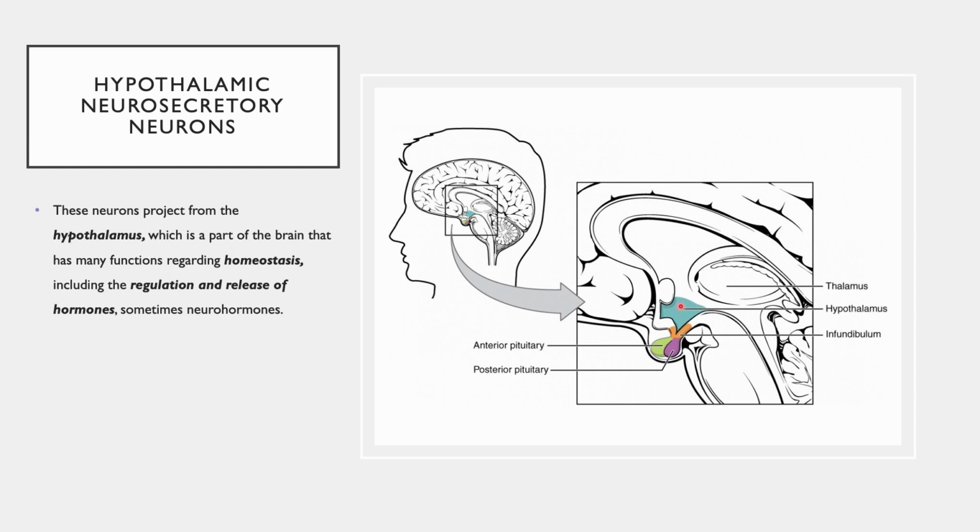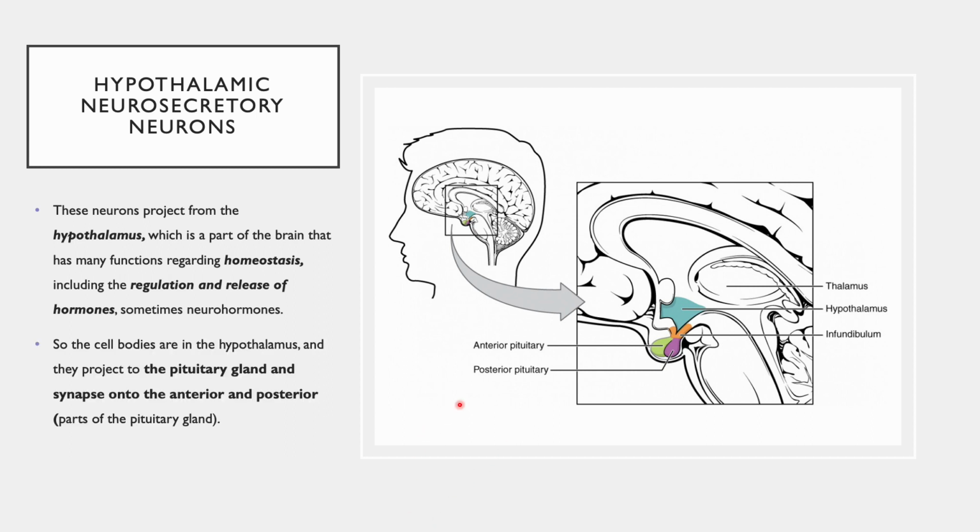So these cells that live in the hypothalamus have axons that actually project down to the pituitary gland to help release important hormones such as sex hormones, stress hormones, and neurohormones. These cell bodies actually synapse onto the anterior and posterior pituitary gland. So thus, this has different effects depending on where they synapse.